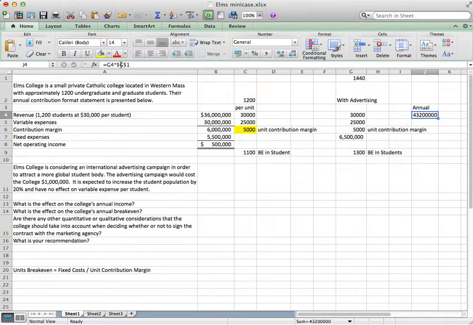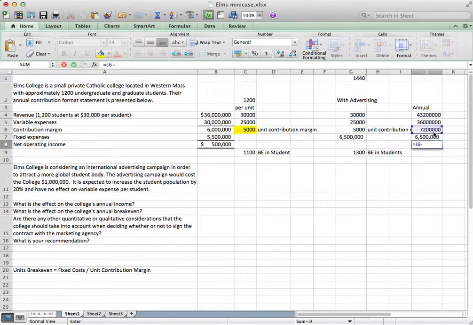There we go. And now we should be able to copy this down. Let's just put these formulas in. We now have this much, and if I take our contribution margin minus our variable, we'll end up with 7.